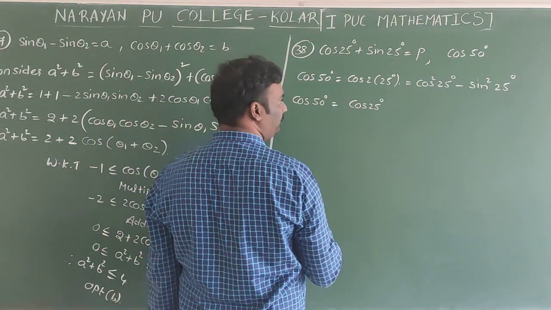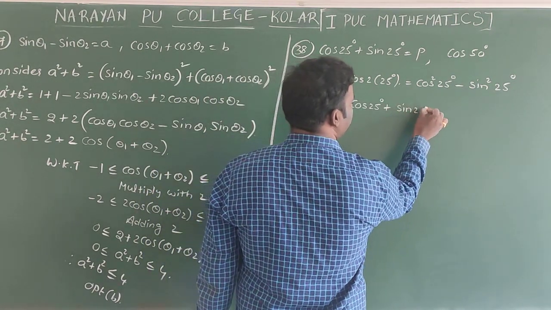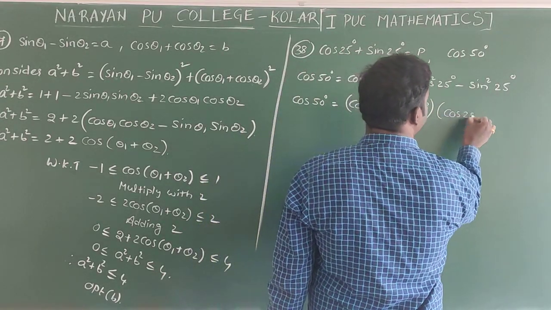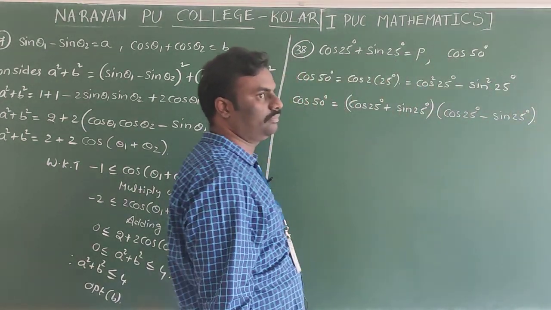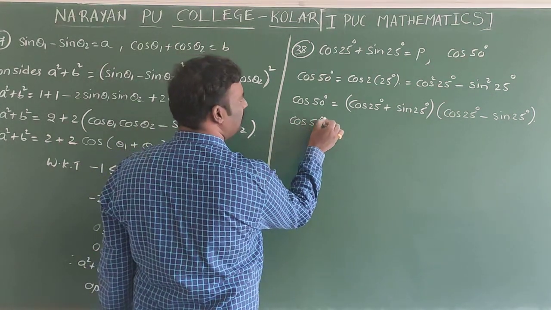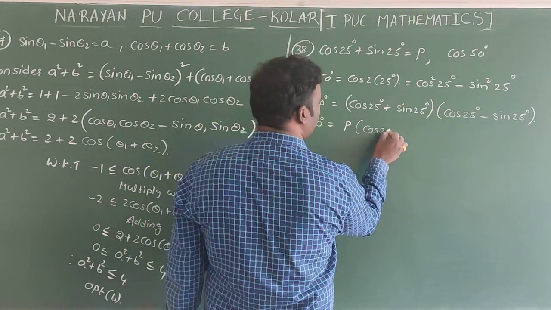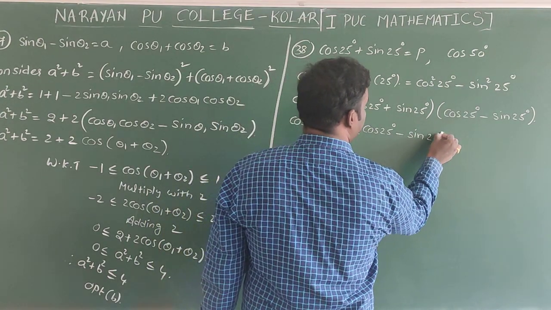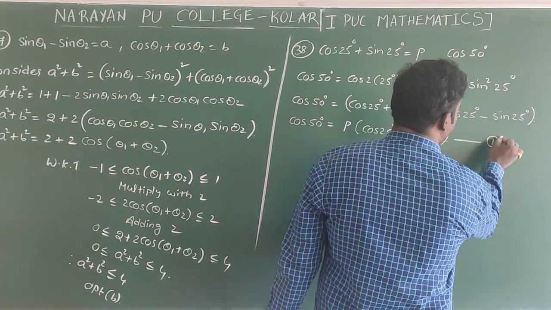Cos 25 plus sin 25 into cos 25 minus sin 25. Now from this we will get cos 50 is equal to p into cos 25 minus sin 25. Okay, this is equation 1.